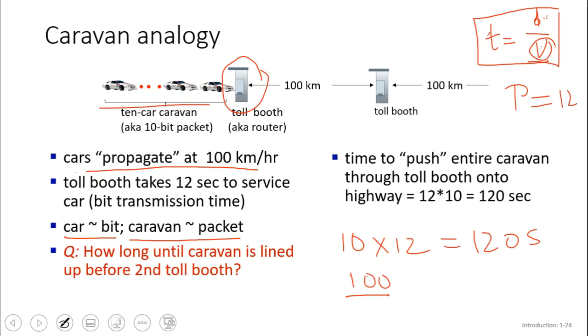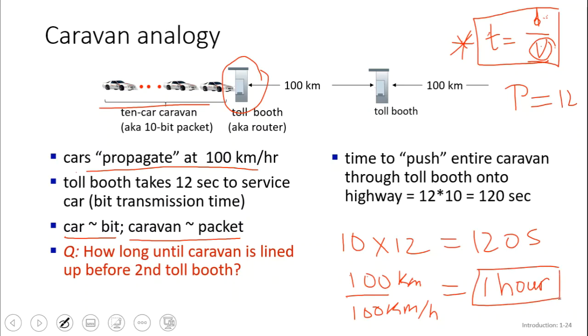This is the formula we'll be using. We have 100 kilometers divided by 100 kilometers per hour. That's our velocity. This is in kilometers, this is in kilometers, this is kilometers per hour. Then we have 1 hour for the whole process to happen.